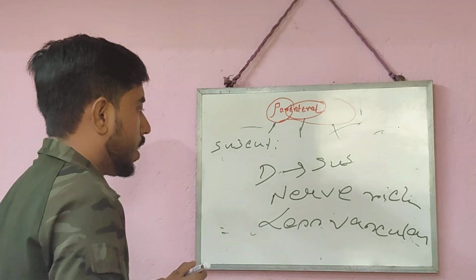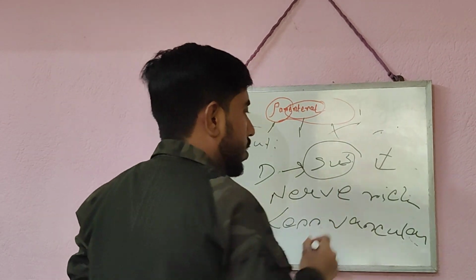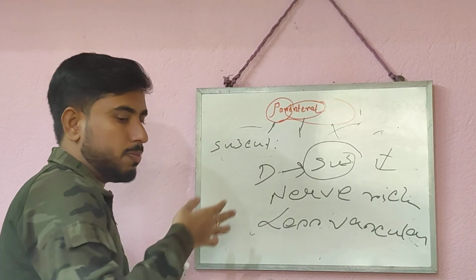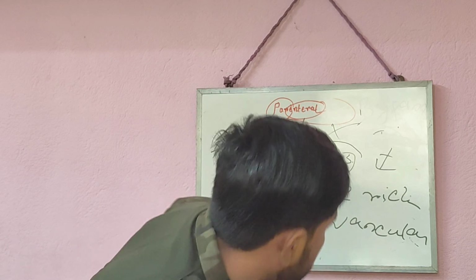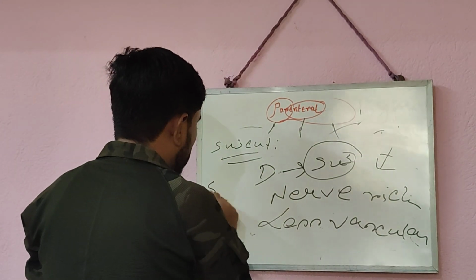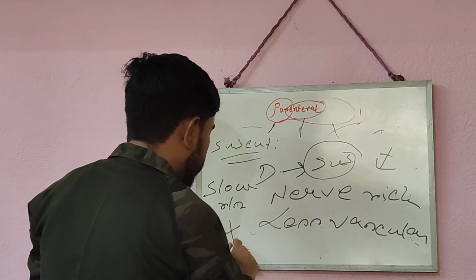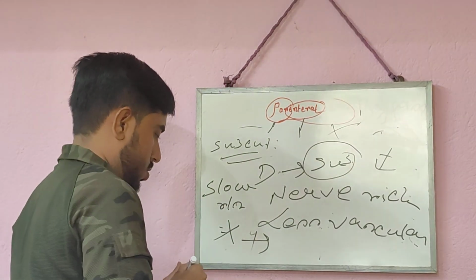That's why we inject the drug directly into the subcutaneous layer, so that the drug can mix into the blood and show its action. But the disadvantage of that route is that slow-release drugs can't be administered by it.